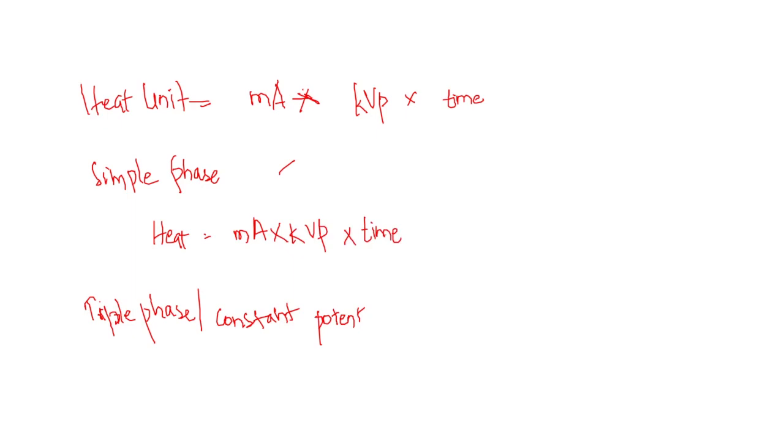Now we have kilovoltage peak and average voltage. Kilovoltage peak and average voltage are not the same in single phase generator. In single phase generator, kilovoltage peak is equal to 1.4 times the average voltage.